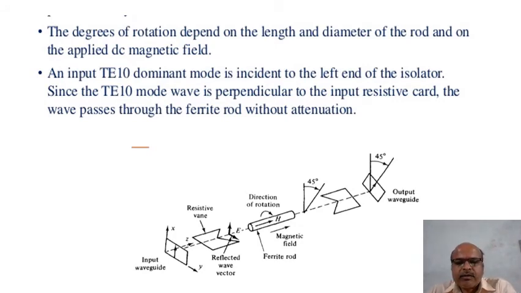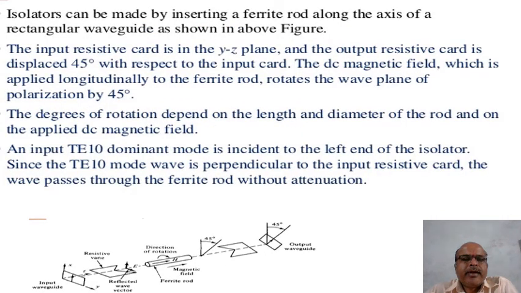That is, when a circularly polarized wave is made to pass through this ferrite rod, the axis of polarization gets tilted in the clockwise direction, and this device operates on the Faraday rotation principle. This explanation was already given in the previous slide, and a summarized explanation is given in this slide, so we can skip it.